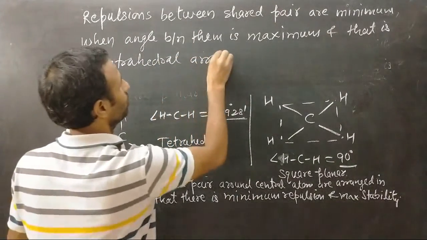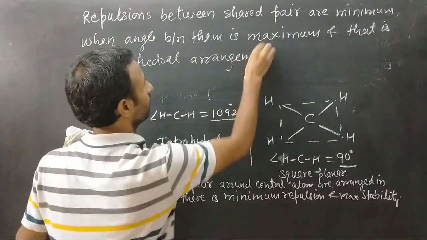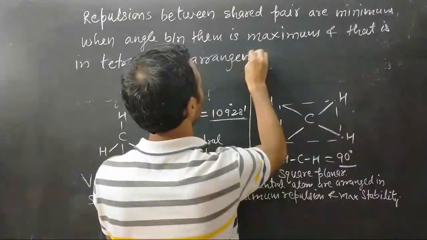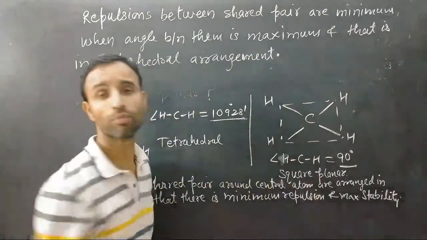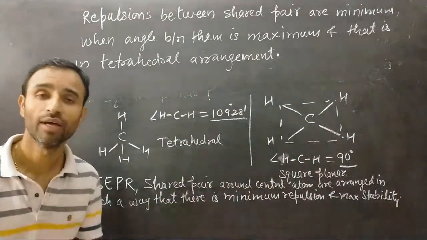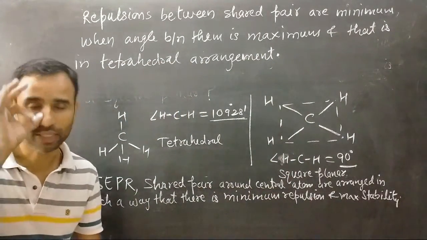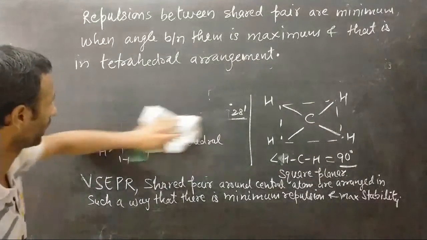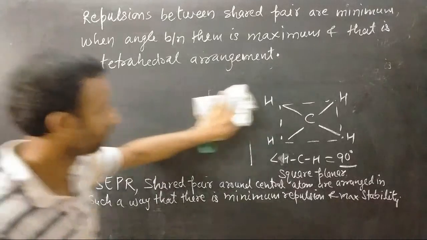So the geometry of methane is tetrahedral and not square planar. Okay, so this is the 21st question.